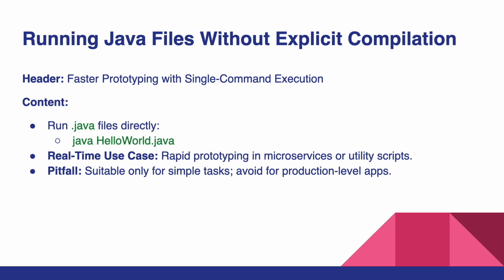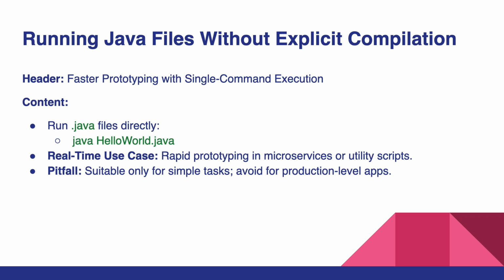Imagine a scenario where you quickly need to validate a new algorithm or simulate a process. With Java 11, you simply execute java, followed by your class name .java, and the JVM handles the compilation behind the scenes.